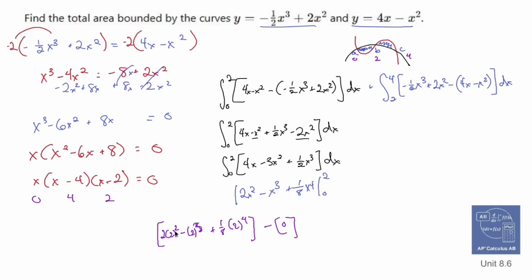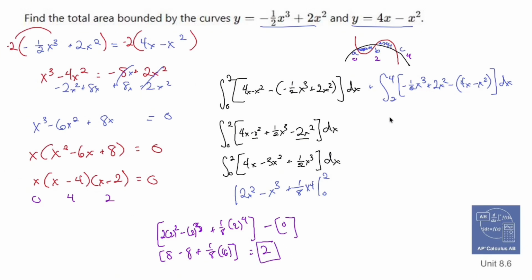U will become 2 squared times 2, which is 8, minus 2 to the 3rd, which is 8. Oh, how about that? Plus 1/8 times 16. So we're just going to get 2. So u becomes 2. So this little chunk right here is going to be 2.